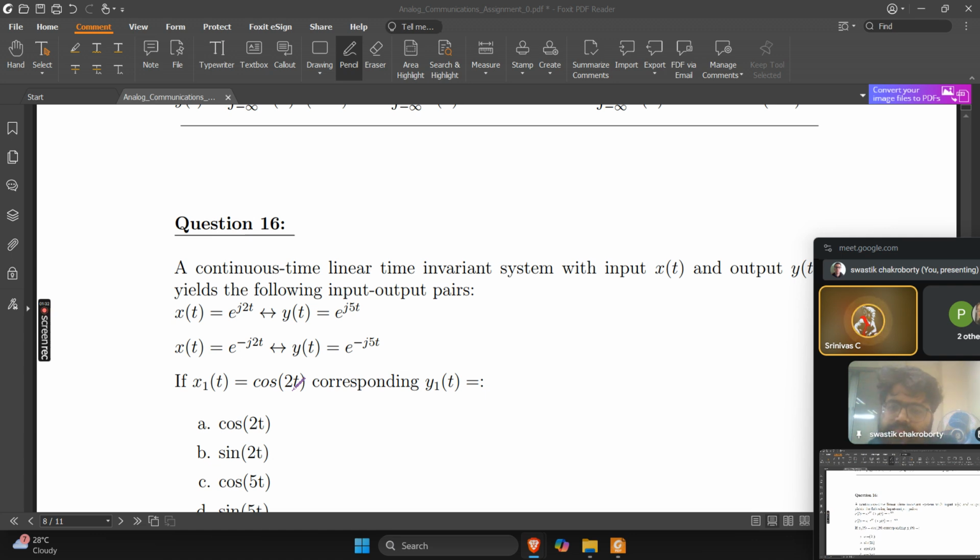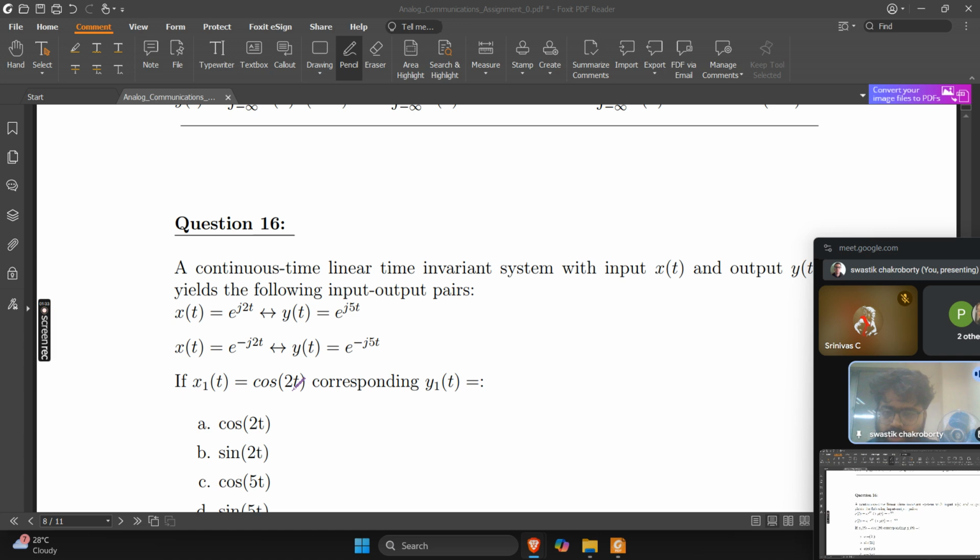One term is a positive exponential and another is a negative exponential, and adding them gives x(t). Similarly, on the output side we do the same operation, so we get cos 5t. How are we sure that doing the same operation on the input will result in the same operation on the output?